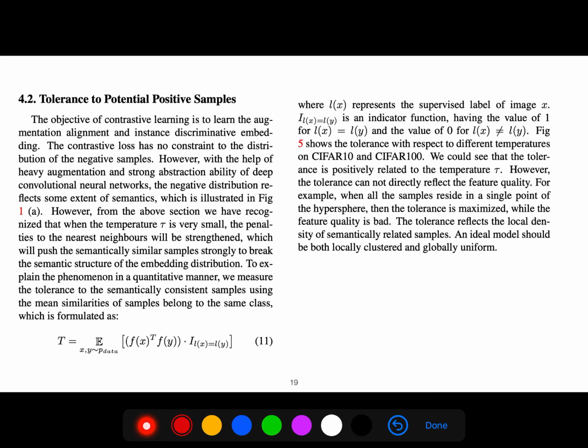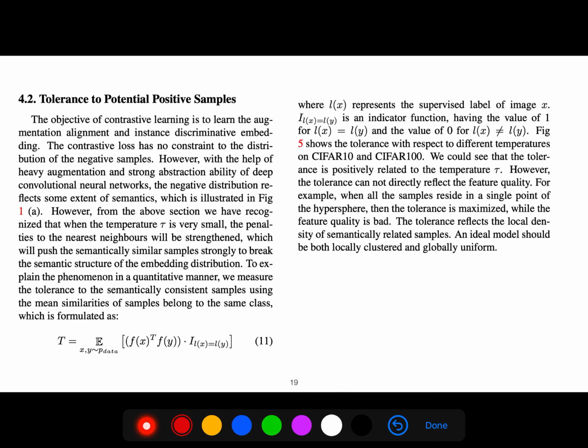However, from the above section, we have recognized that when the temperature is very small, the penalties to the nearest neighbors will be strengthened, which will push the semantically similar samples strongly and break the semantic structure of the embedding distribution.